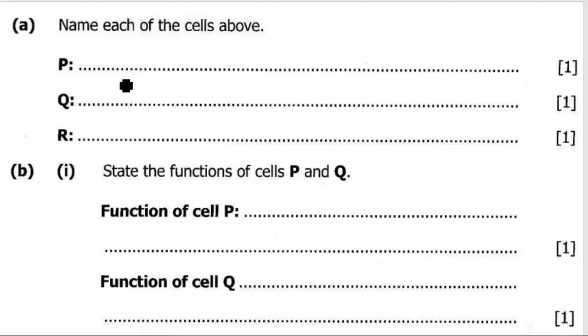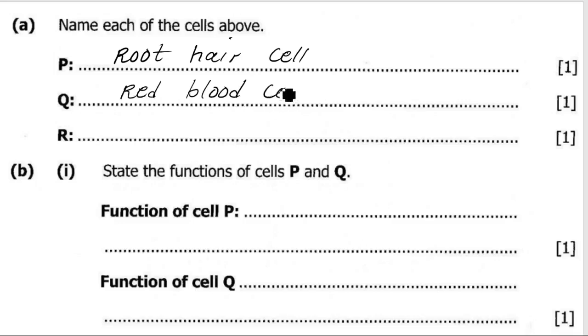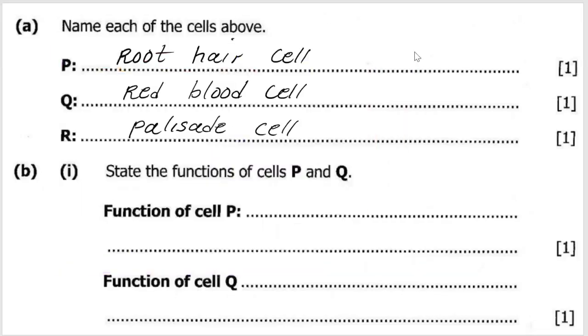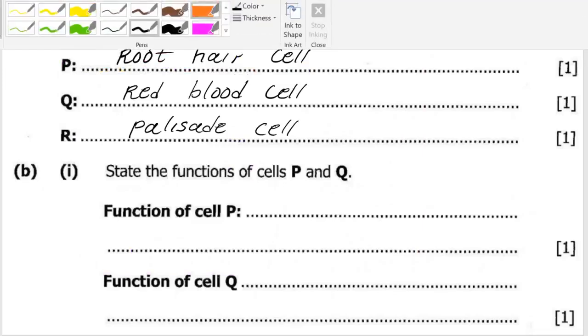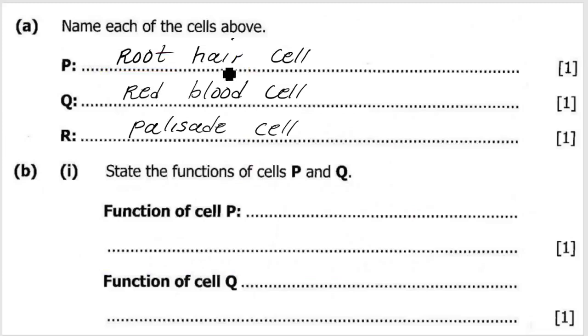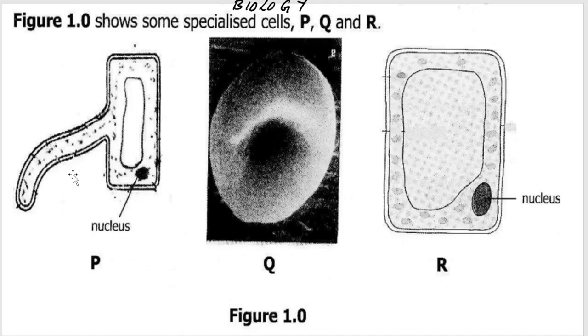So cell P is the root hair cell. Cell Q is the red blood cell, and cell R is the palisade cell. So we have observed that cell P is a root hair cell, cell Q is a red blood cell, and cell R is a palisade cell.